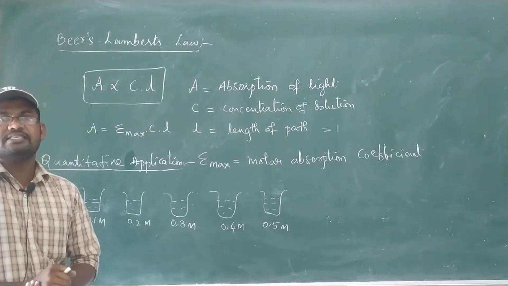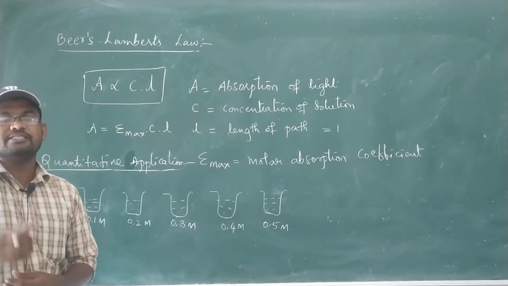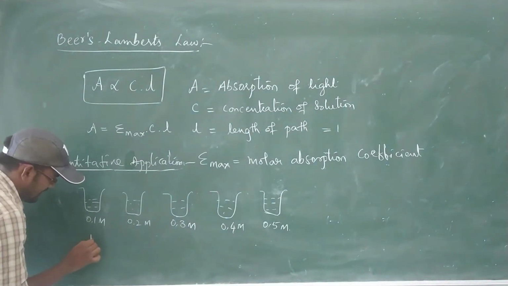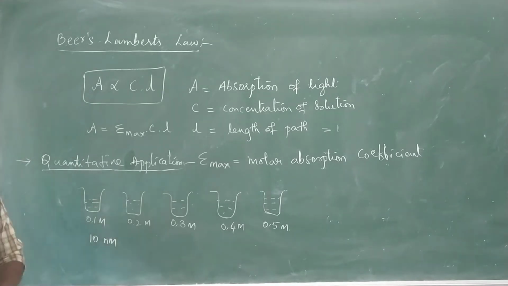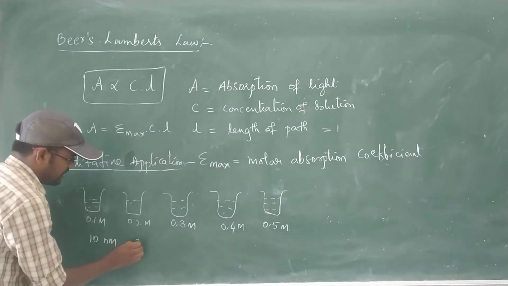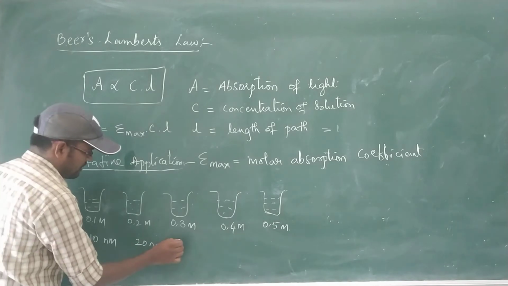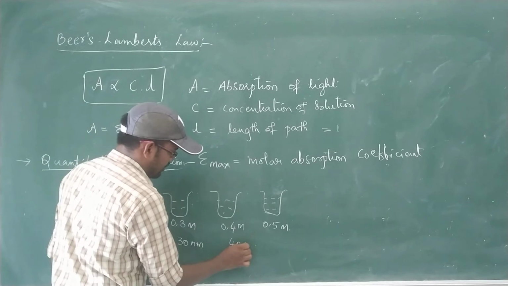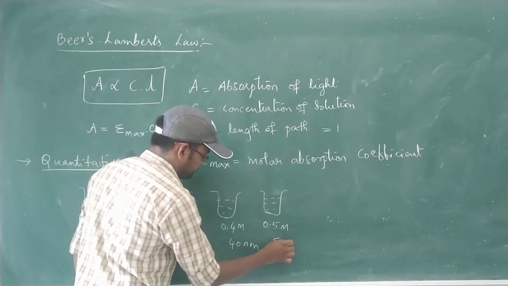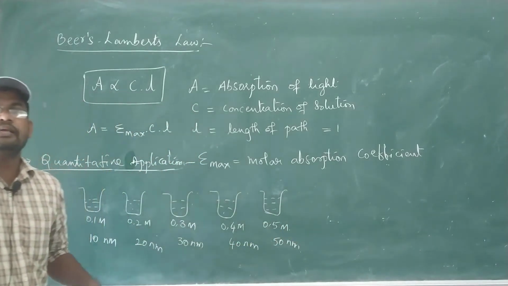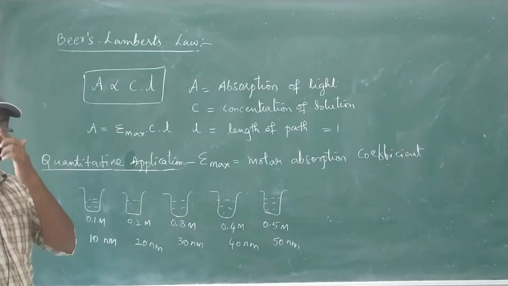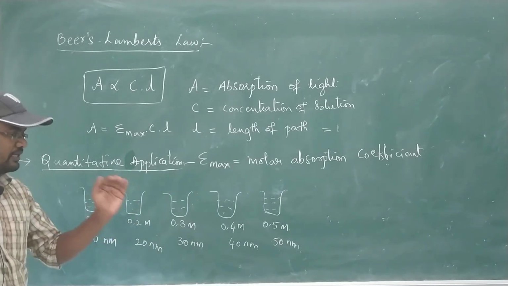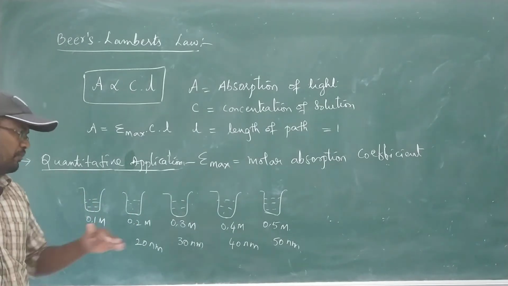As a result, the absorption of light is observed. So the first one has 10, the second one 20, the third one 30, 40, and 50. In terms of 10 into 10 to the power of 4, like 20 into 10 to the power of 4, and so on.